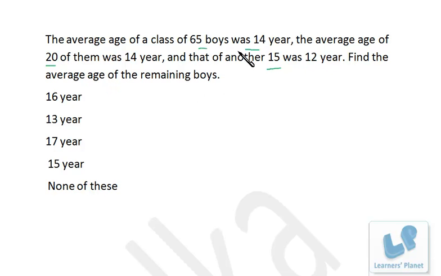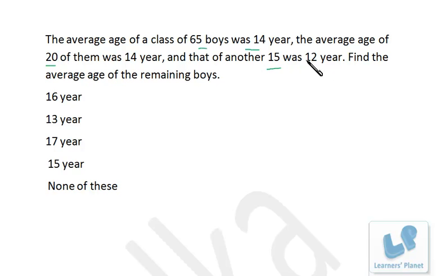See, out of 65, 20 is already given and another 15 is given. Now these 20 have the average age as 14. So no need to calculate anything here, right? There is no loss or gain from this data. Now see these other 15 boys. They have the average age of 12.